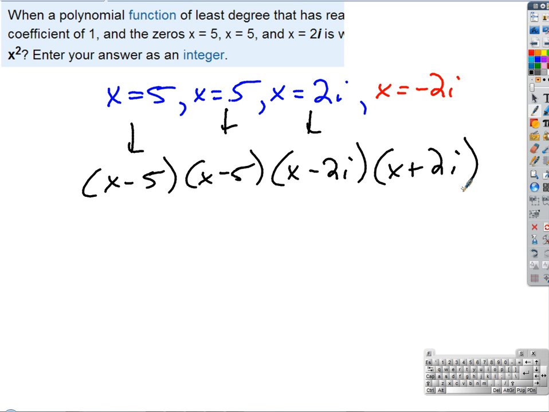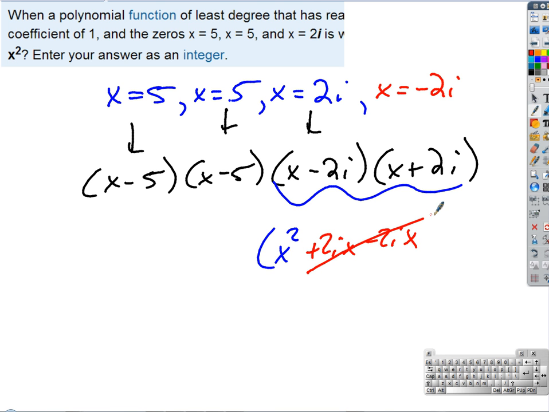and from here, maybe we don't even need to finish this one, but here's one crucial step. Which two do I definitely multiply first? The i's, yeah. If I multiply these out, I'm gonna get x squared, and I can even skip the middle ones: plus 2ix minus 2ix, which will always cancel.